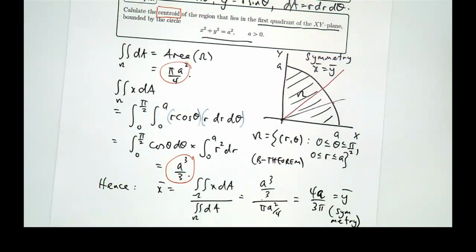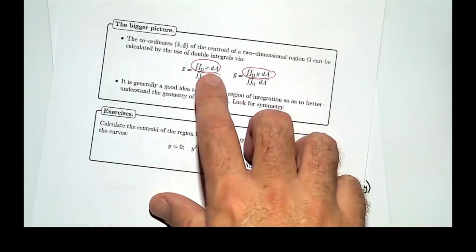Yes. Why do you divide the two integrals at the end? Oh, yeah. So think of it as like an average, right? The way I look at this formula is that the x component, you've got the first moment about the y-axis divided by the area of the shape, okay?